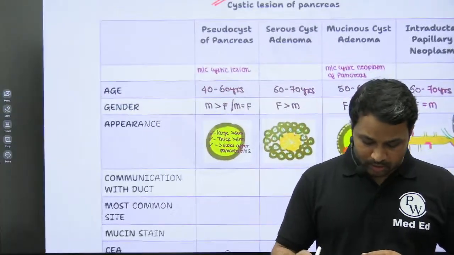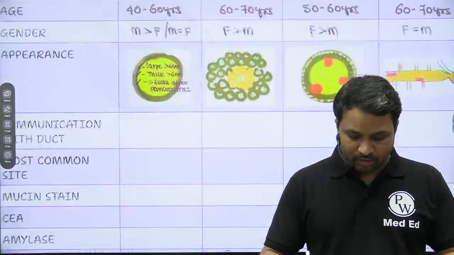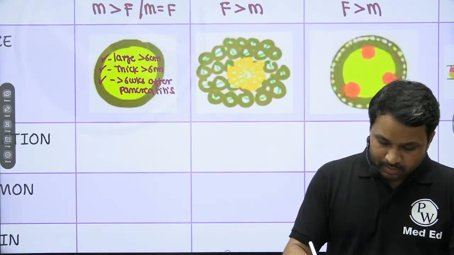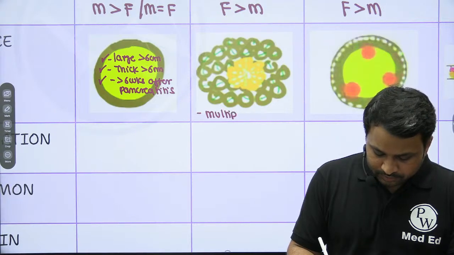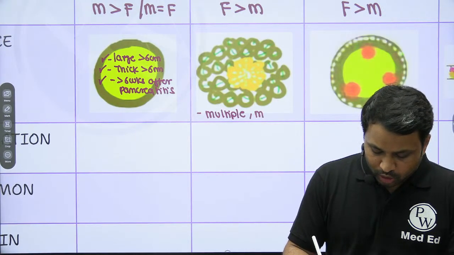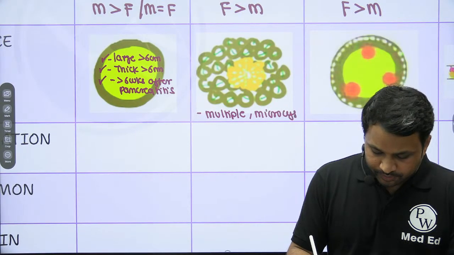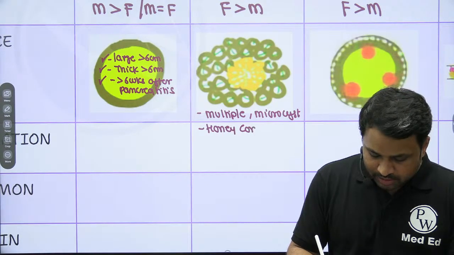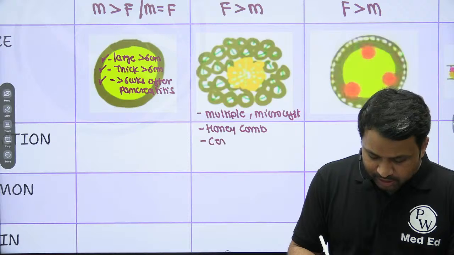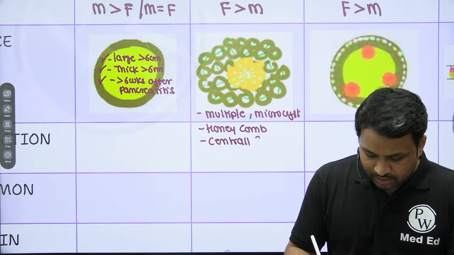When you talk about the serous adenoma of the pancreas, these are multiple microcysts. They present to you as a honeycomb appearance, and they have a central stellate calcification.